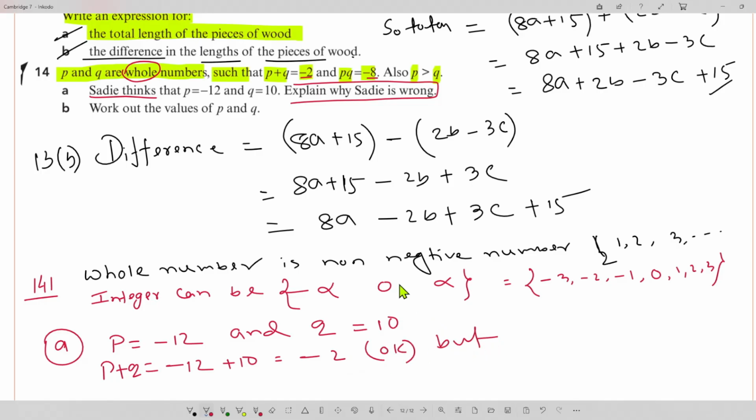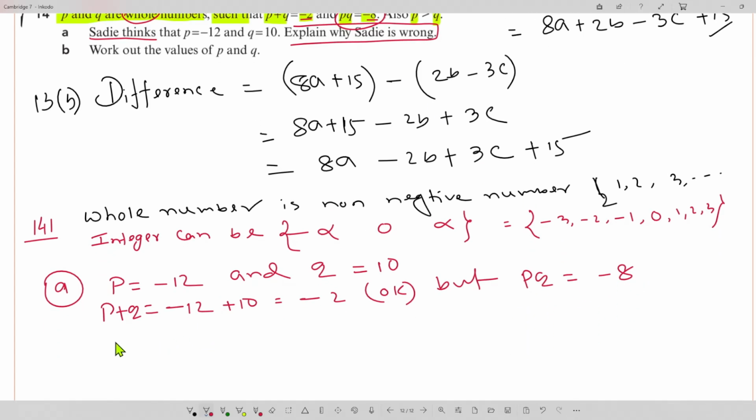But here in the question it is mentioned PQ equals minus 8. But as per Sadia's information, PQ equals minus 12 times 10, it will be minus 20.